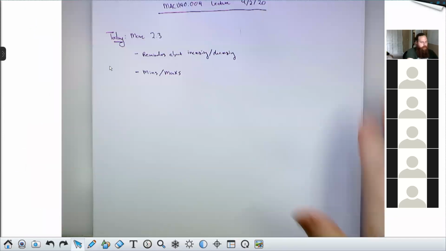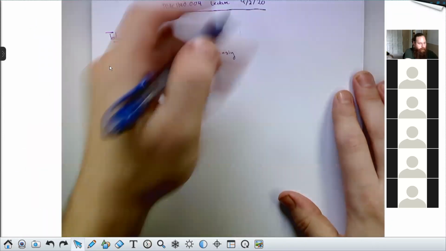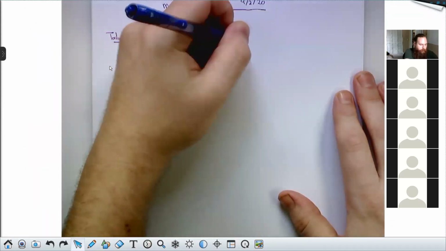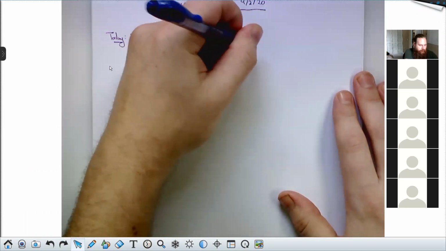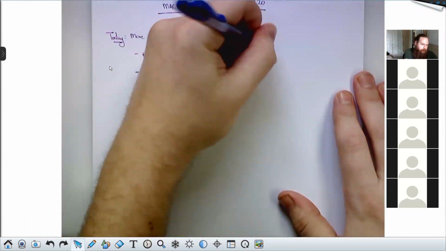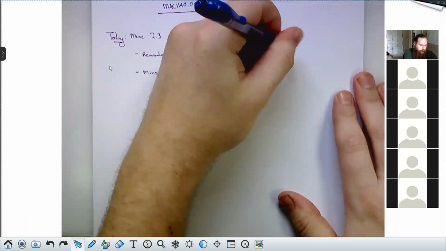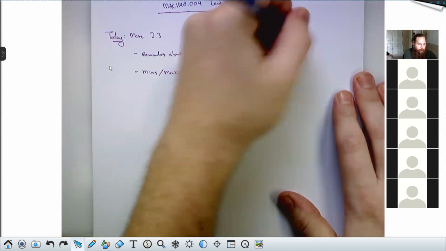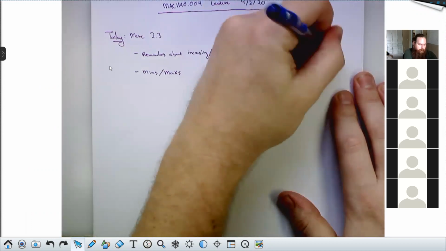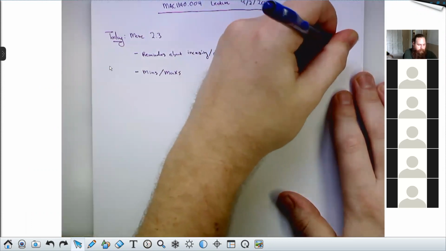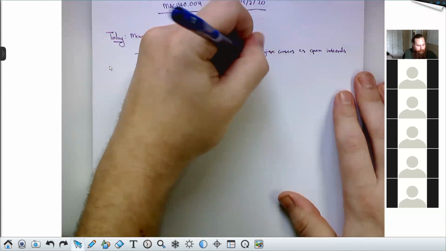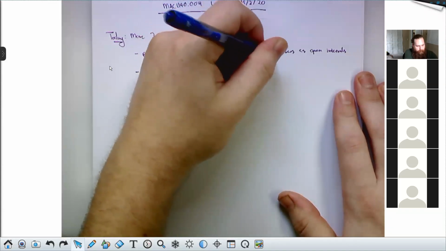The increasing and decreasing stuff we talked about last time. The only thing I want to remind you here is that you always give the result as open intervals of x values.